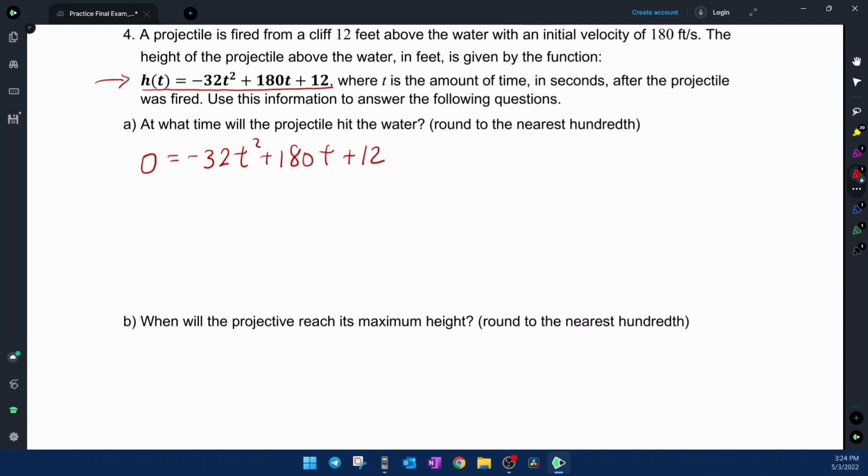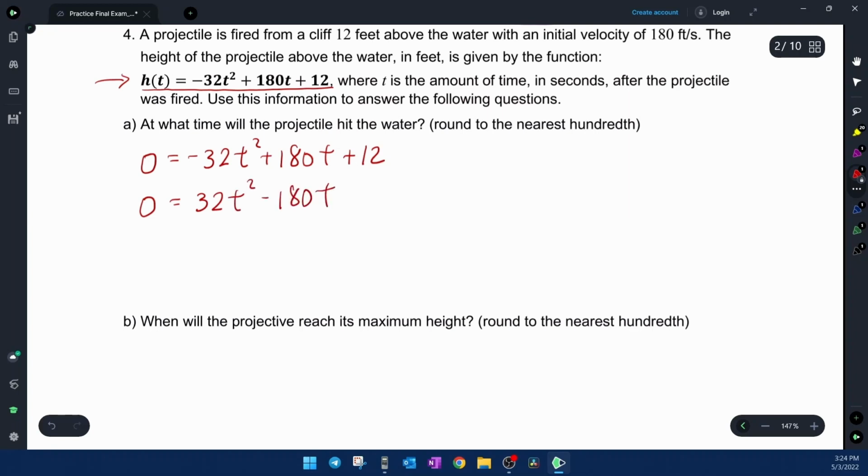So the first thing we need to do to solve a quadratic equation is set it equal to 0, which we have. And then the next thing we need to make sure of is that our coefficient of the squared variable is positive. So here the next step would be to distribute -1, which will simply change all the signs. And then my numbers will be ready to plug into the quadratic formula.